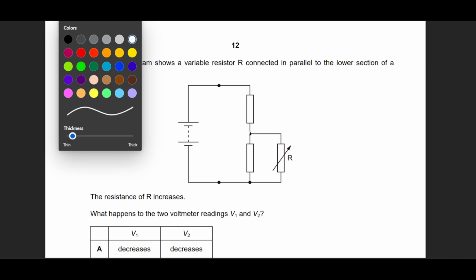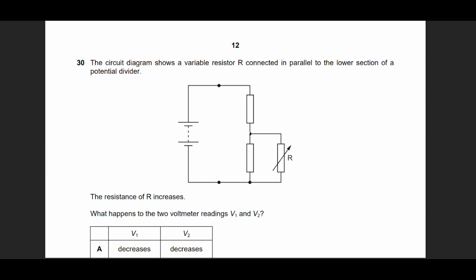So if the value of R is increasing, what's happening to the overall combination? Let's label this R1, and this R2. I want to find out the trend of this system. So 1 over R2 plus 1 over this R variable, let's call it Rx, equals 1 over RT, the total resistance.